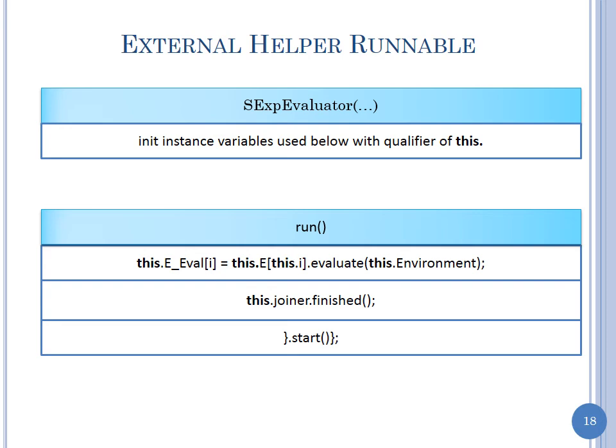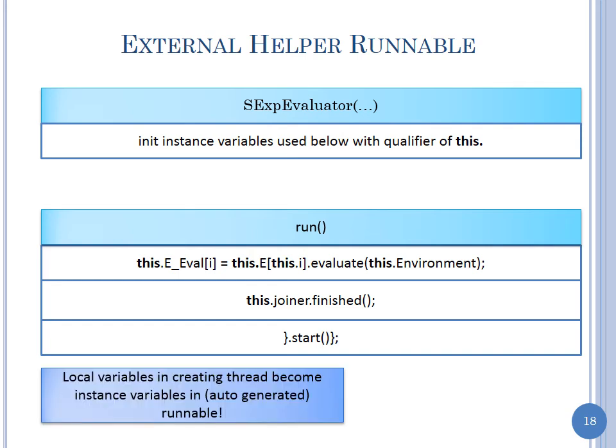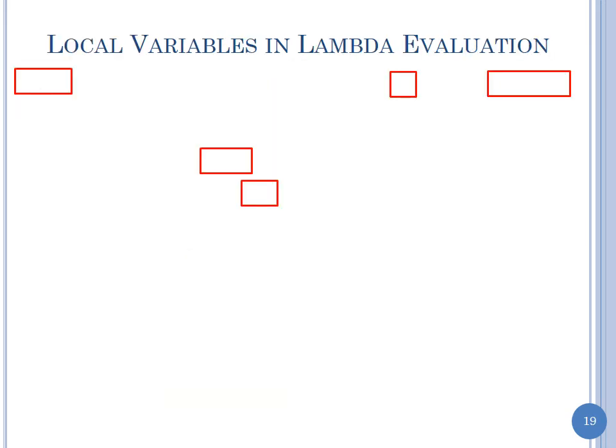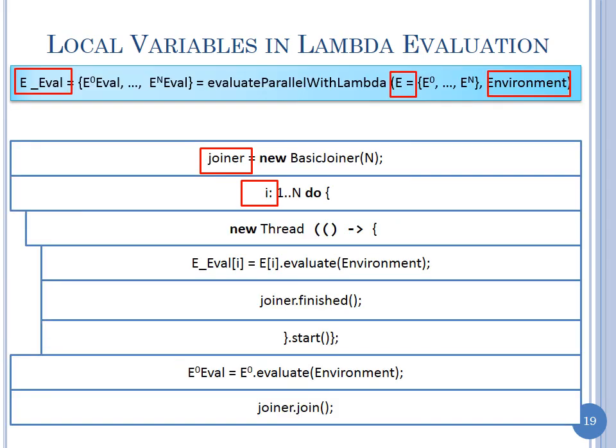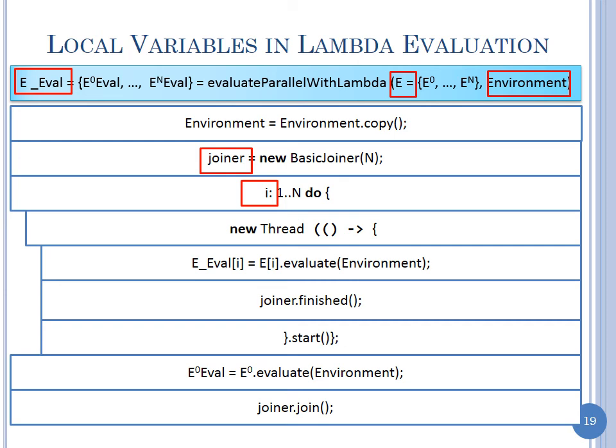All of these things that have the prefix this are the instance variables, and these were originally local variables. So what were local variables become instance variables in the expression class.